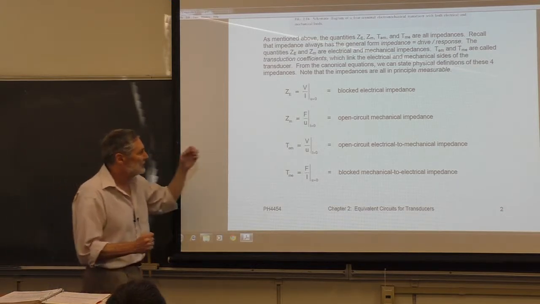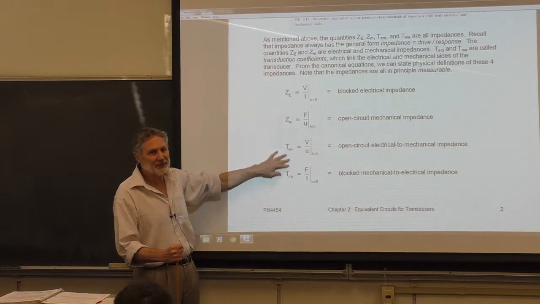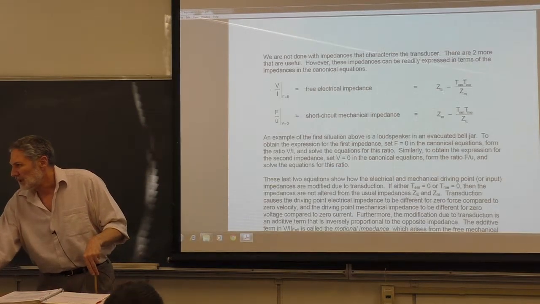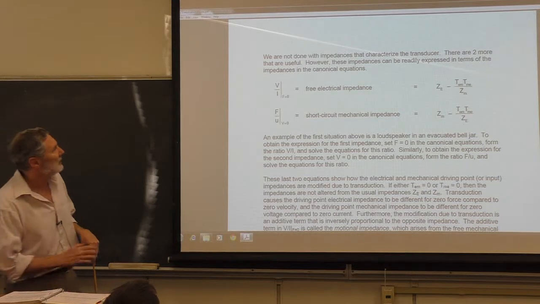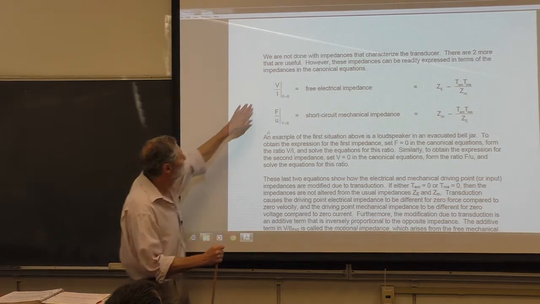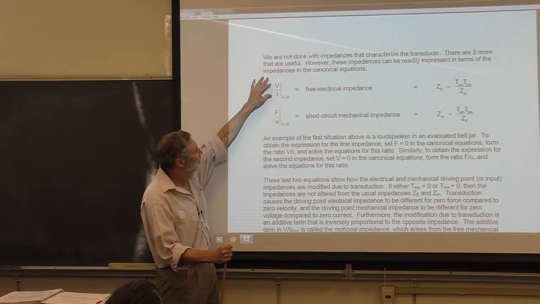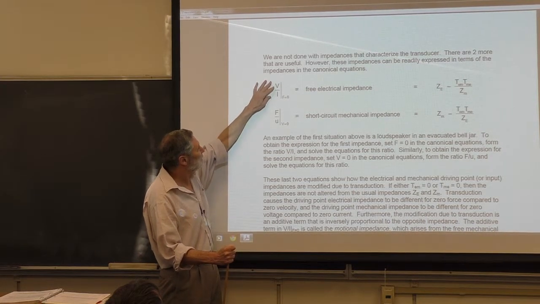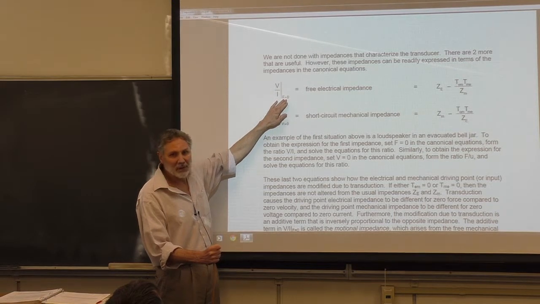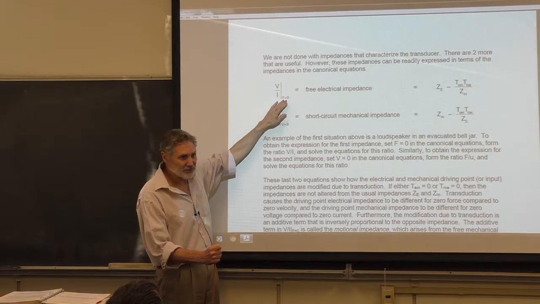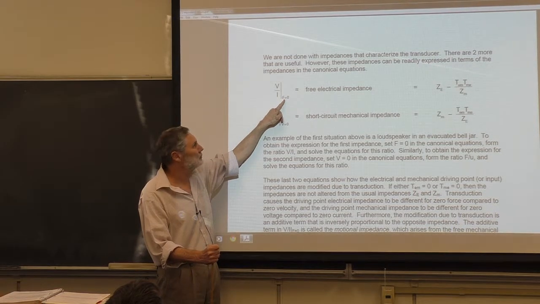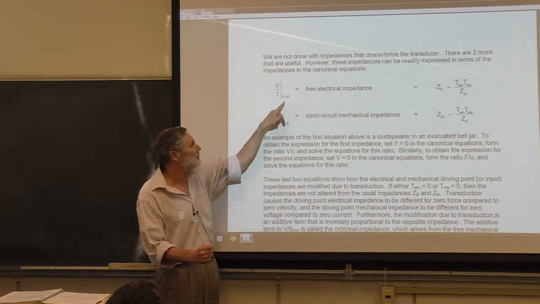We want to define two more quantities that we'll be dealing with that are convenient. And here they are. The first one, you can see, is an impedance. It's the voltage divided by the current, but not for a blocked transducer, but when there's no force. Again, this is so important, we have a name for that. It's called free.